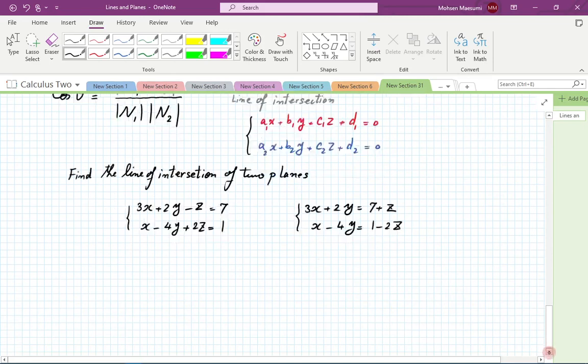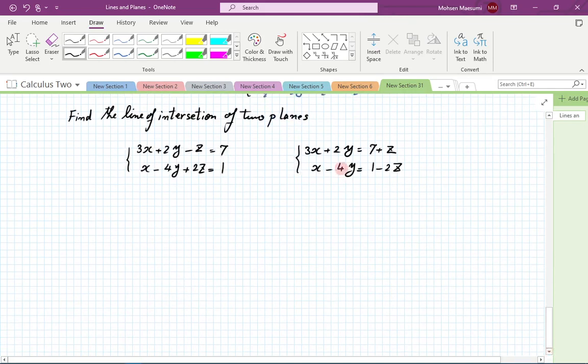Well, how do you solve this one? Easily. For example, if I double this equation and add to this one, I eliminate y. Or if I triple this equation and subtract from that, I would have eliminated x. So eliminate either x or y and you are on your way.